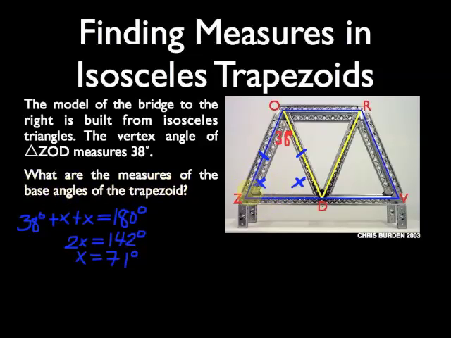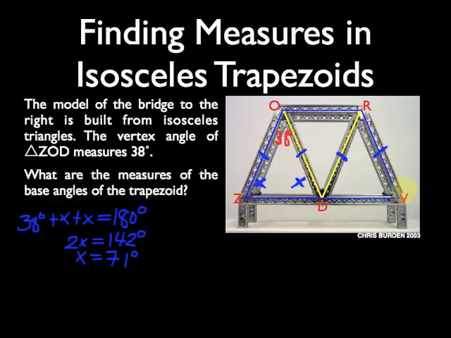Also, let's keep in mind that all three of these triangles are isosceles. So segment OD has to be congruent to segment RD. And likewise, segment DR has to be congruent to segment VR. So all four of these segments, as we zigzag across the trapezoid here, are congruent, which makes trapezoid ORVZ an isosceles trapezoid.